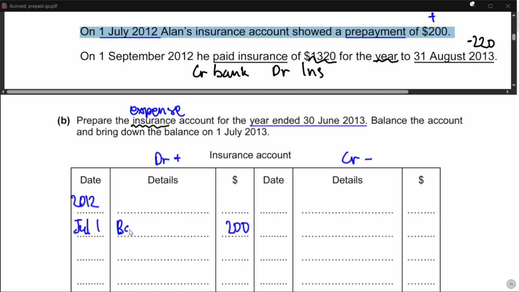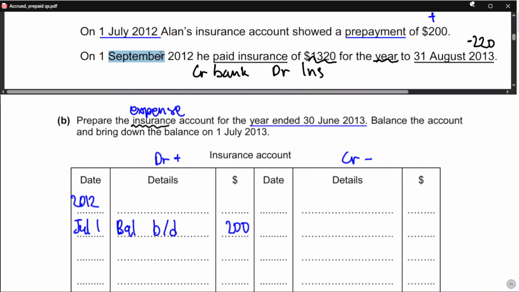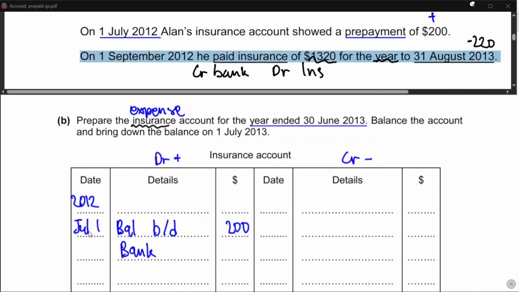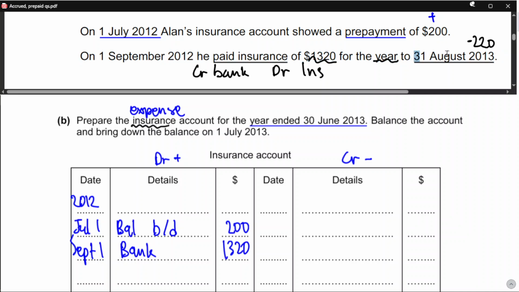First day, so it's balance BD. The next one will be insurance, debit, bank. September 1, 1320. So then this one will be minus 220.